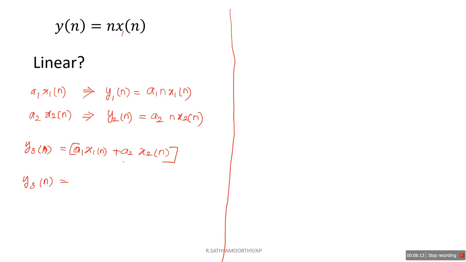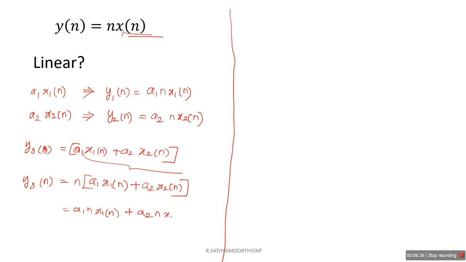If I substitute this input for x of n, I get n multiplied by a1 x1 of n plus a2 x2 of n, which is a1 n x1 of n plus a2 n x2 of n.